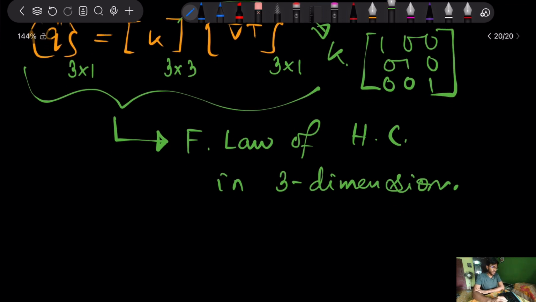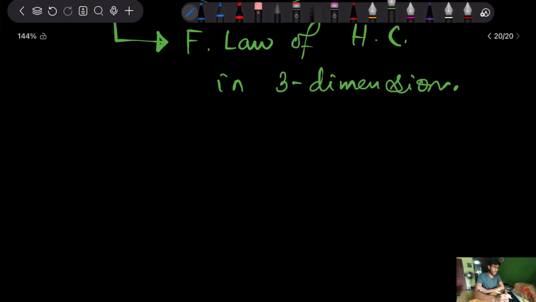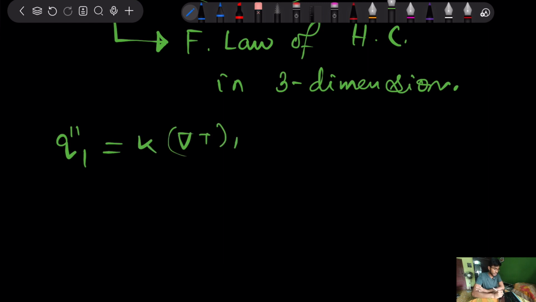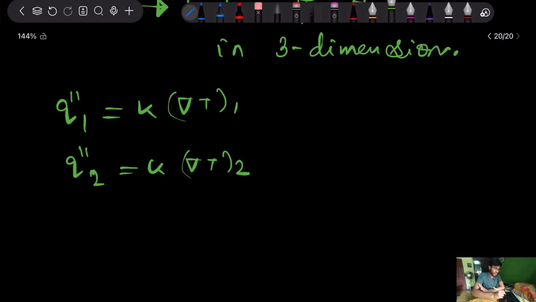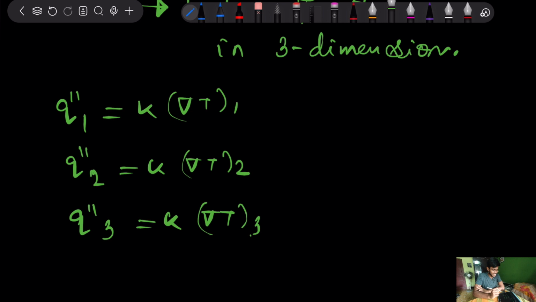And then we can show that for an isotropic material this is equal to K grad T1, and this is equal to K grad T2, and this is equal to K grad T3.